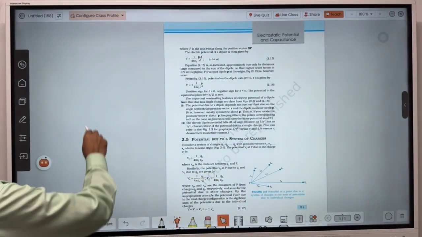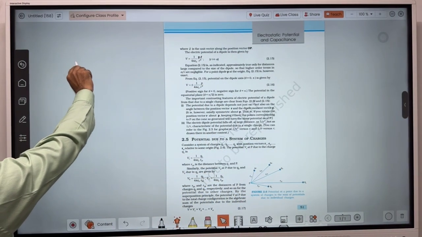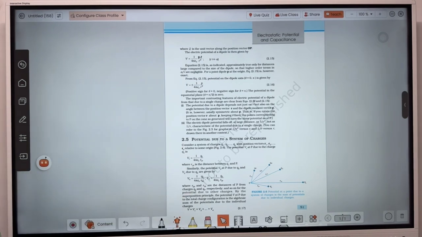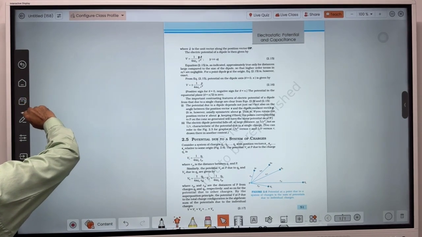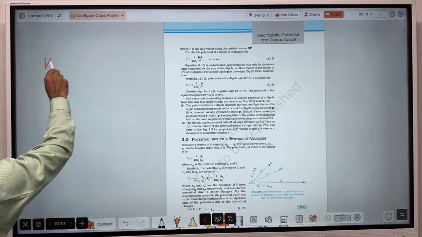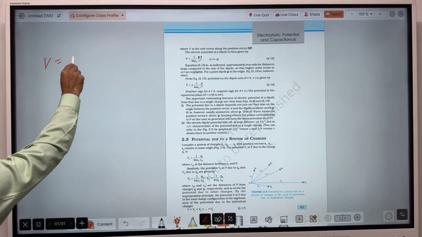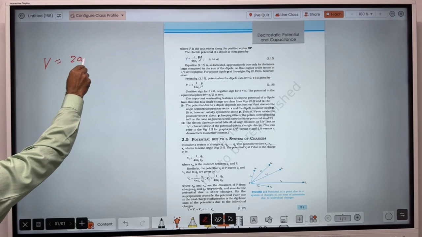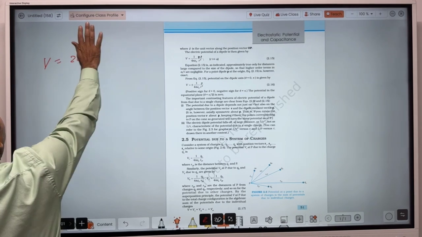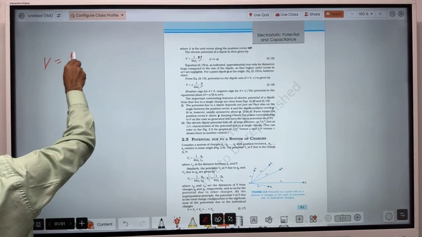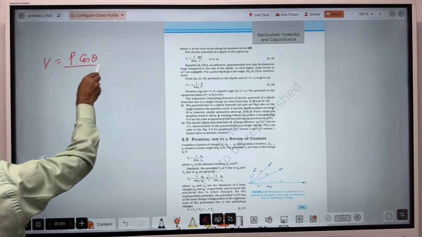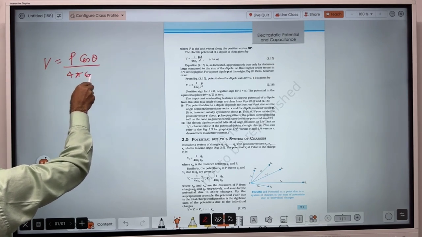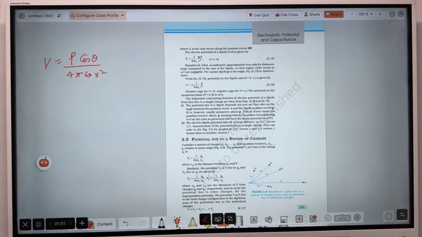So now we can say that V equals, what relation have we got? V equals 2aq, or we have p cos theta divided by 4 pi epsilon naught r square.